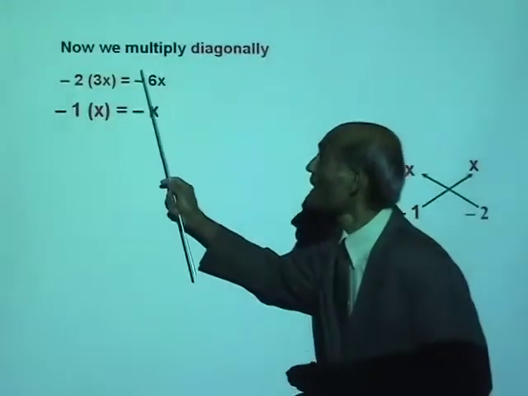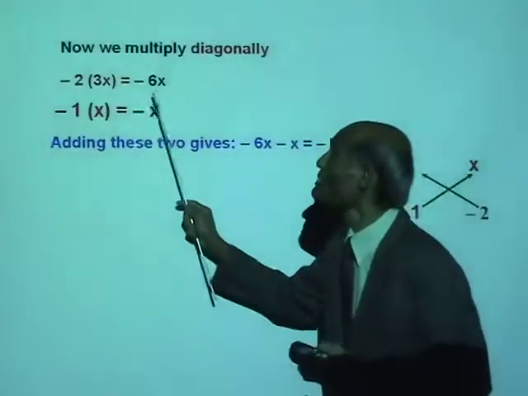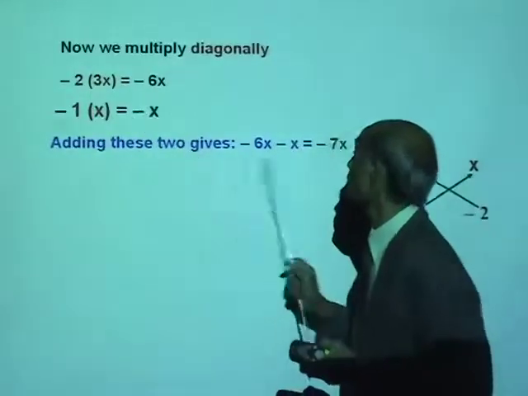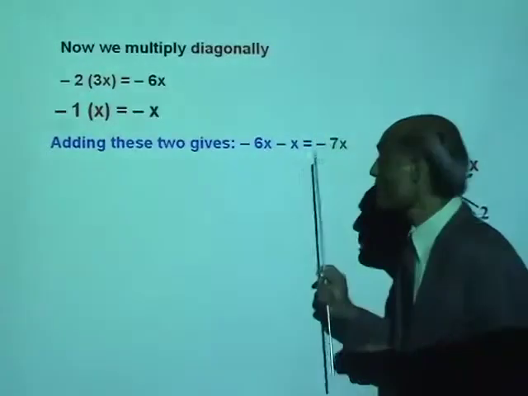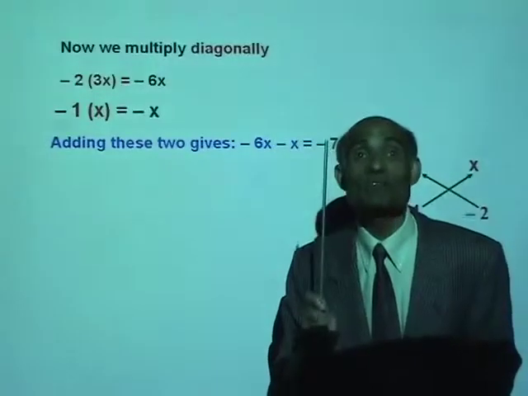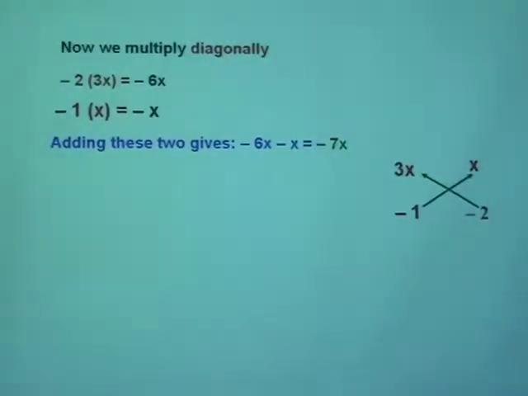What do you get if you add negative 6x to negative x? You get negative 7x. Now, do you recognize this negative 7x? That negative 7x is the middle term of our polynomial. If you remember our polynomial, it is 3x squared minus 7x plus 2.